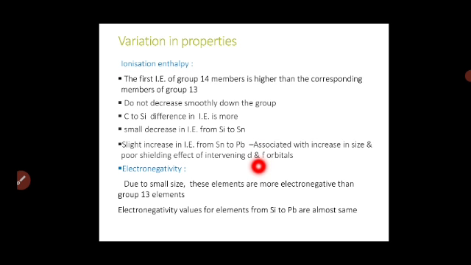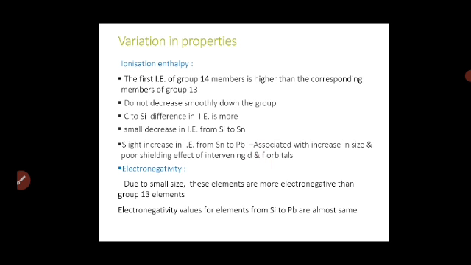Okay. Next property is electronegativity. What is meant by electronegativity? It is the capacity to attract the shared pair of electrons in a molecule, right? So in this group, the electronegativity decreases from top to bottom.